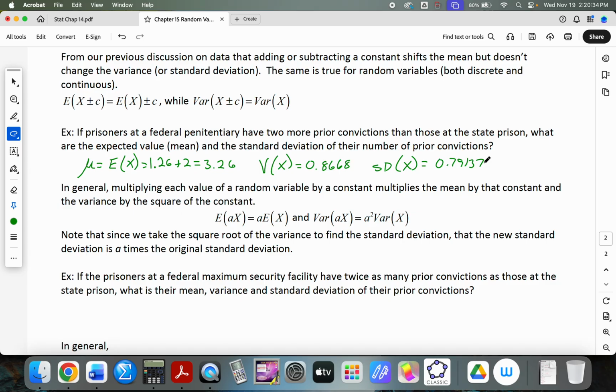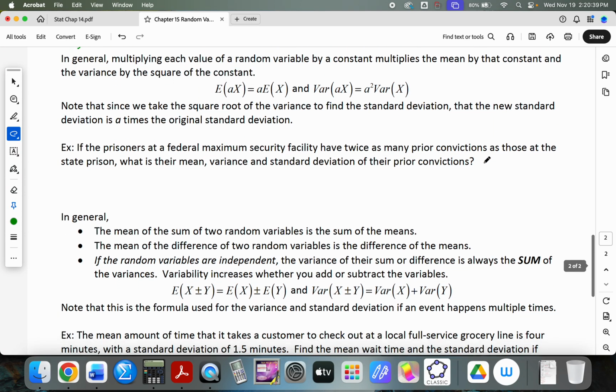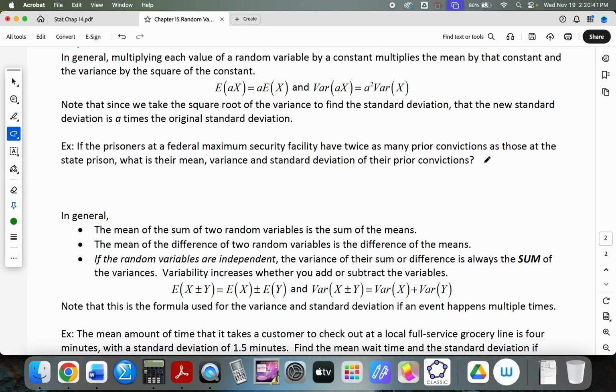Now, on the other hand, in general, multiplying each value of a random variable by a constant multiplies the mean by that constant and the variance by the square of that constant, not the square root, the square.